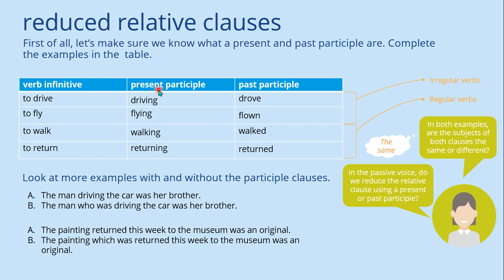This is present participle, isn't it? Driving. And this, returned, is the past participle. So the past participle is for the passive, and the present participle is for the active sentence.